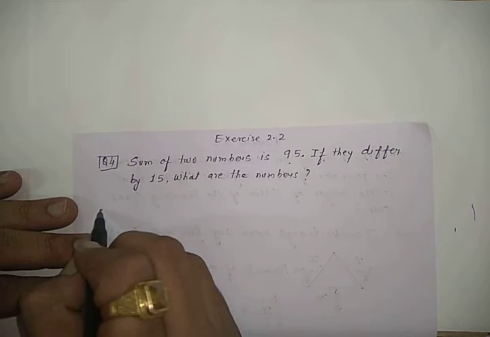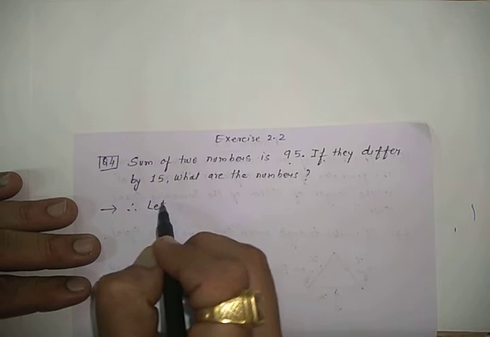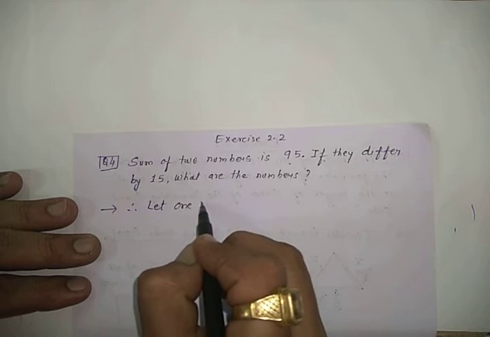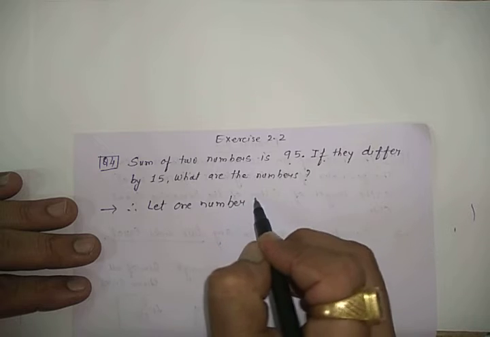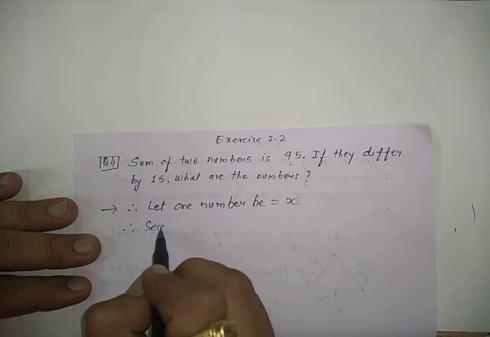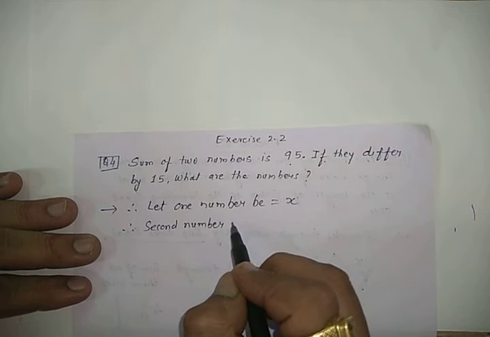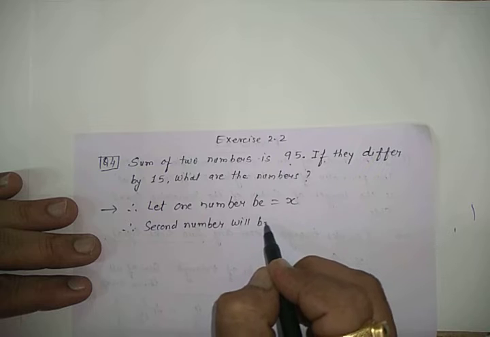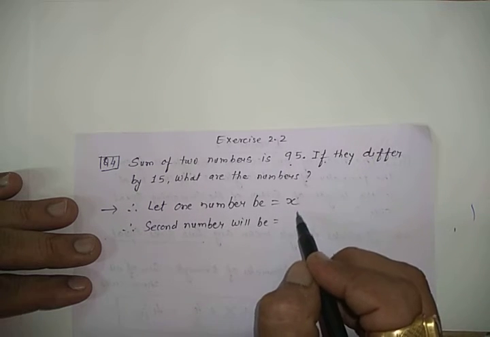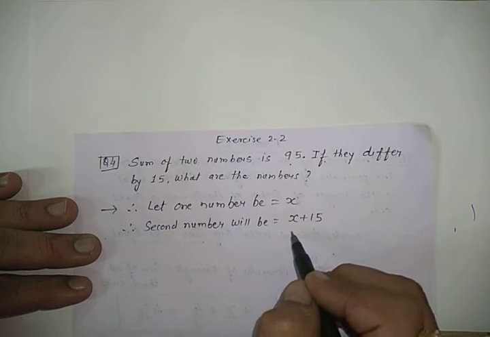So we don't know what those numbers are. Therefore let one number be x. Therefore the second number will be x plus 15, since differ by 15 means 15 more than this.